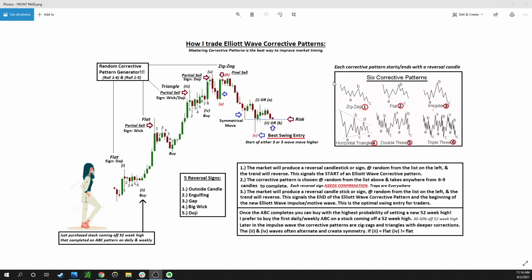They're one of these 6 corrective patterns. From a structure standpoint, these waves still break up into 3-wave moves or 5-wave moves. The 3-3-5 or the 5-3-5s. So your zigzags and flats are what you see almost everywhere.